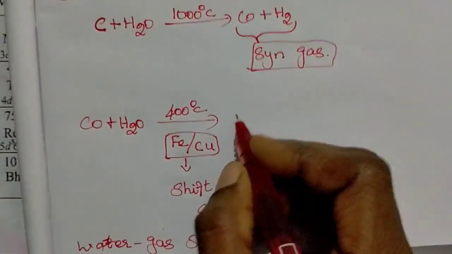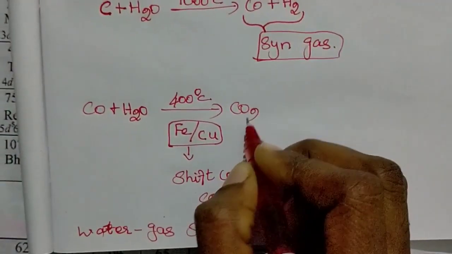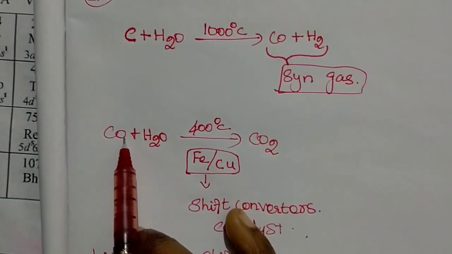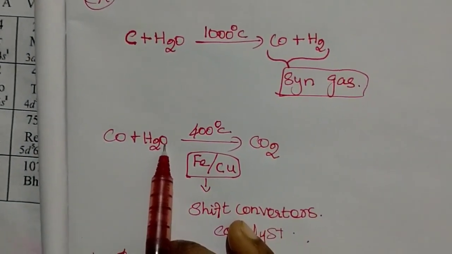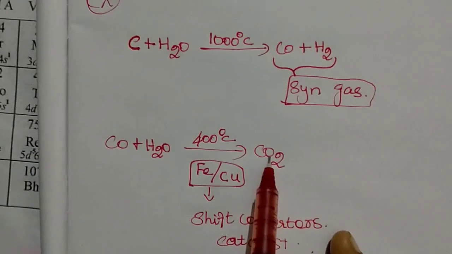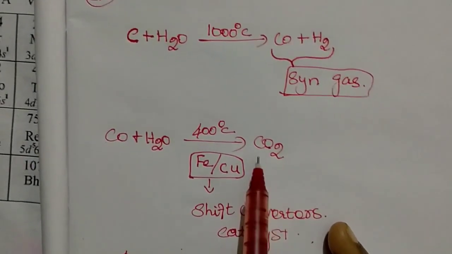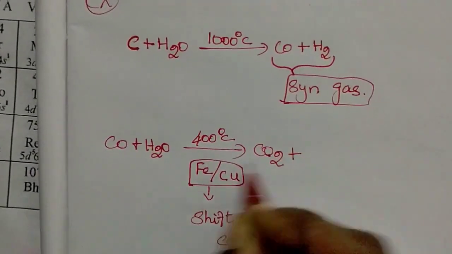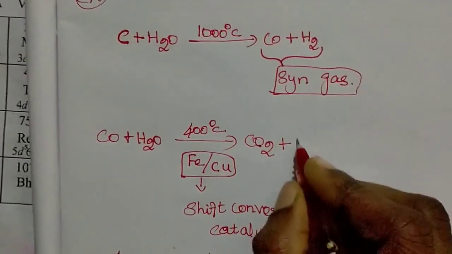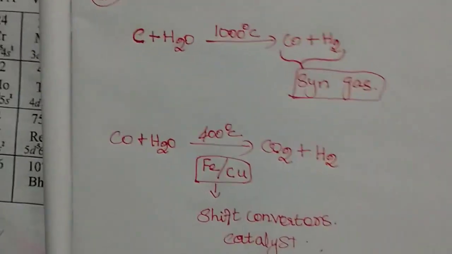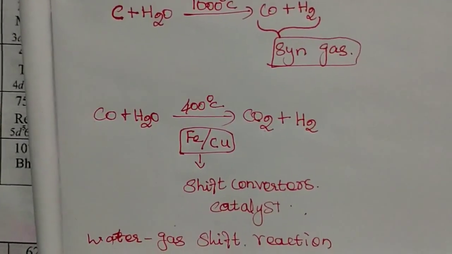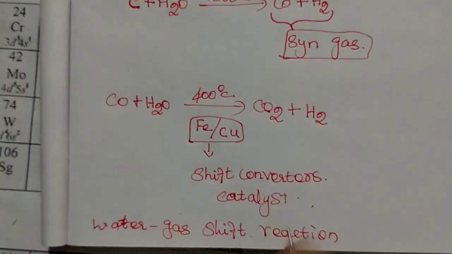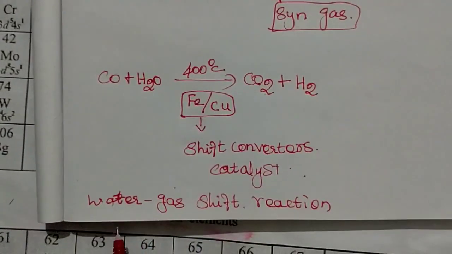The result of this reaction is carbon dioxide. From the water, the carbon monoxide gets one oxygen, they combine and form carbon dioxide. The remaining hydrogen is separated out from this reaction.